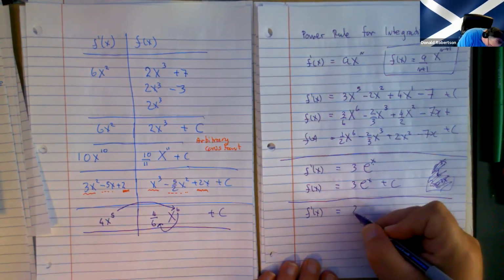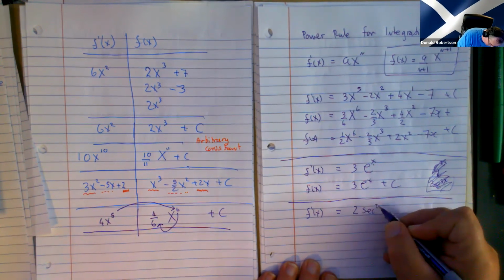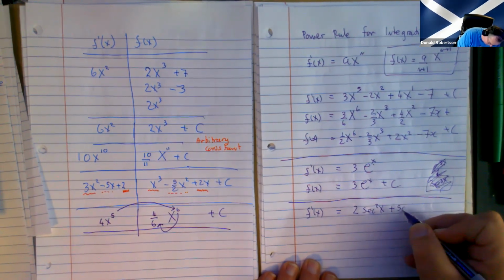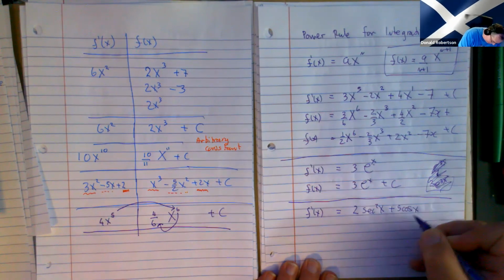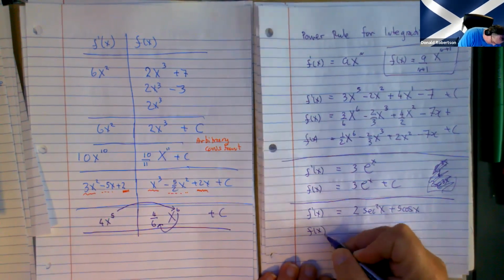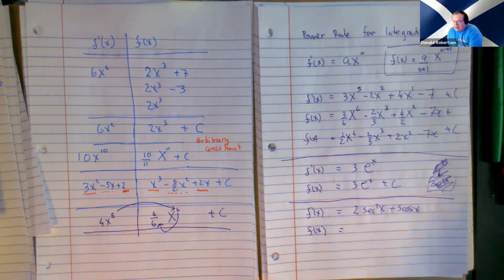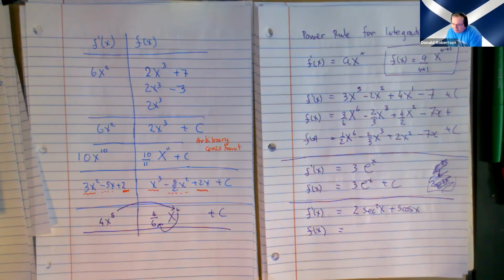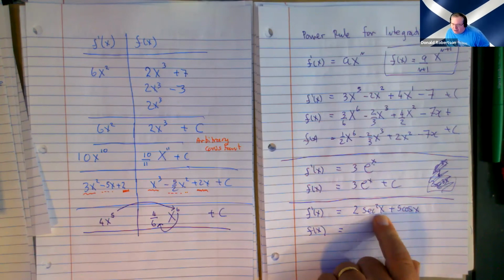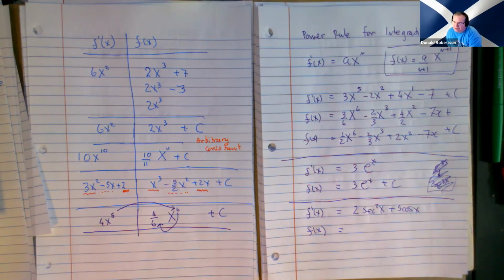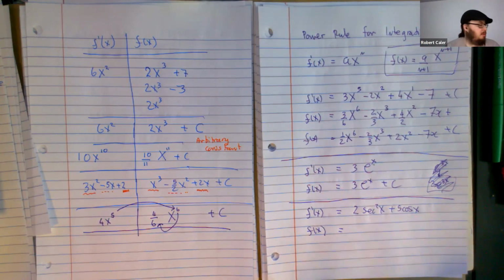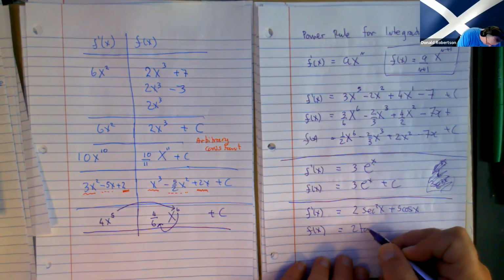How about trig? Now, to do trig, you have to remember what derivatives are and then work backwards. So what function has a derivative of secant squared? Tan. So that would become 2 tans because of that.